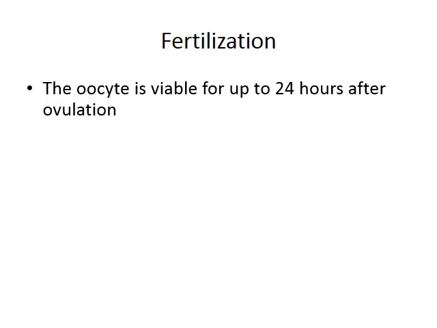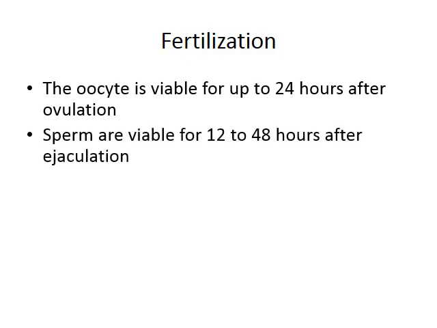In addition to that, sperm also have a pretty small window that they're viable for, and that is 12 to 48 hours after ejaculation. So you're faced with those 2 small windows of time that these 2 gametes are viable if they're going to be able to come together and successfully produce a fertilized cell.